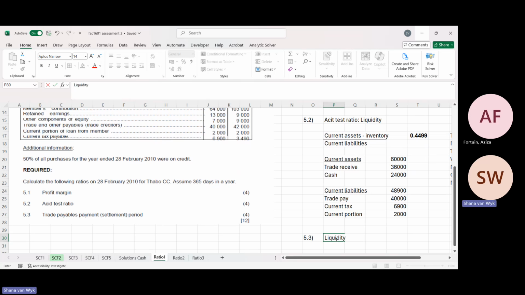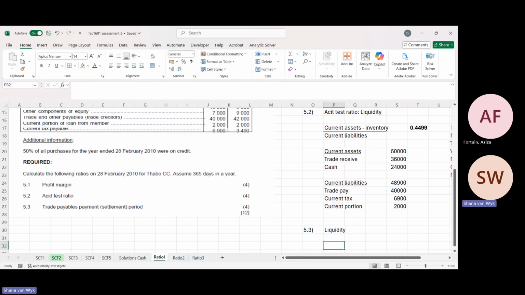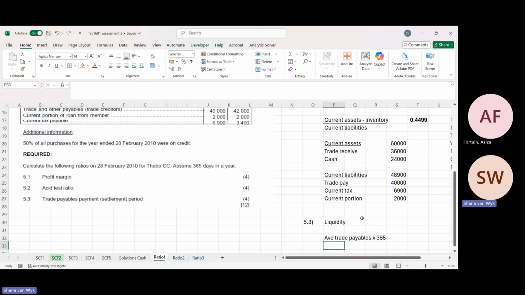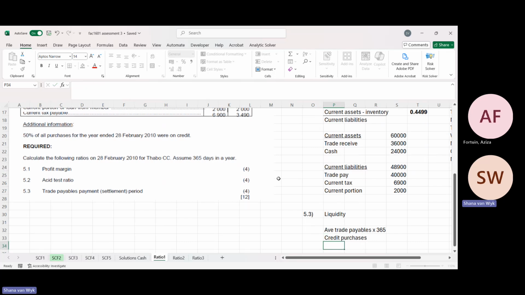Our formula is average trade payables over credit purchases times 365. That's where purchases comes in now.